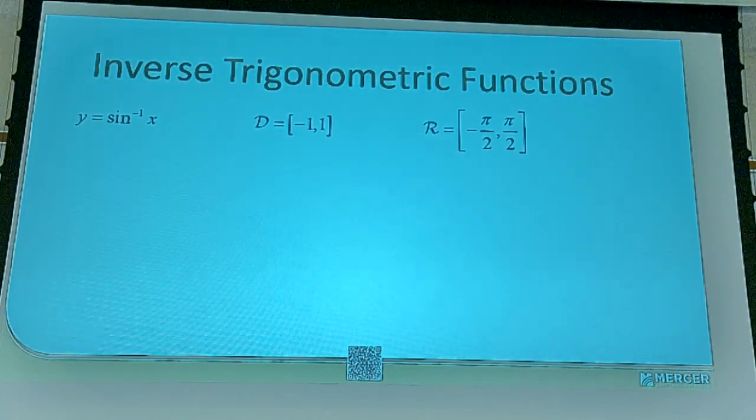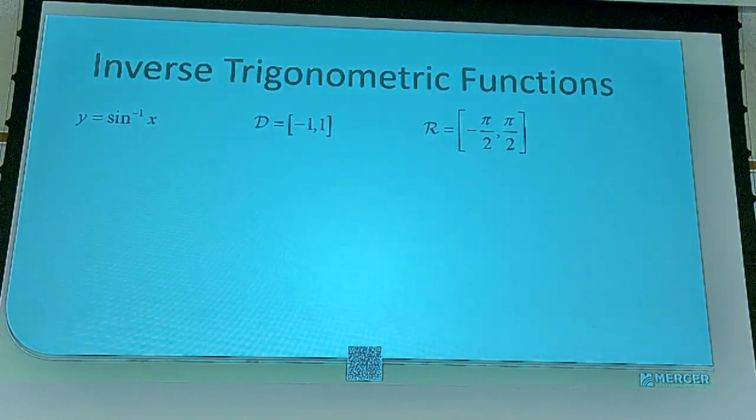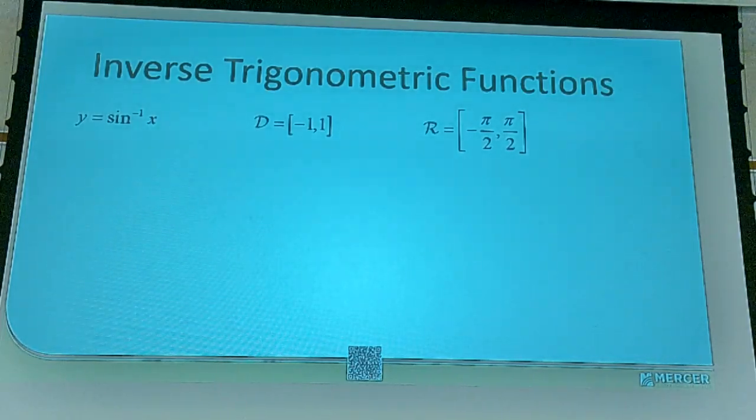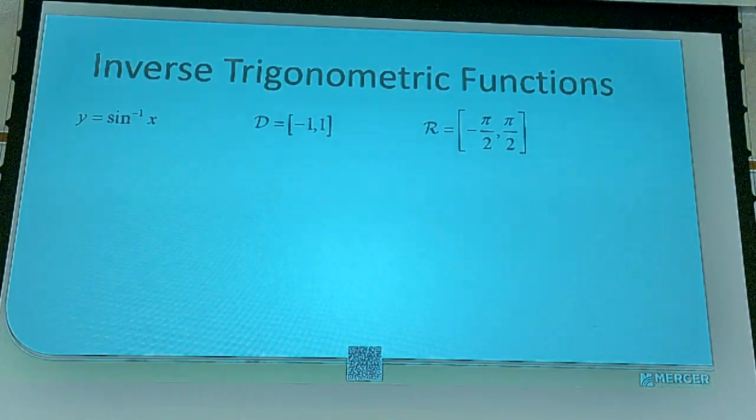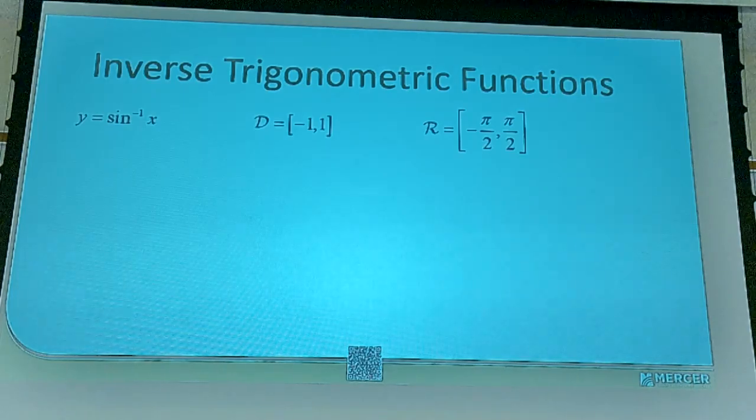And if you think of the unit circle, what part of the unit circle is that? What part of the circle is minus pi over 2 to pi over 2? Because the whole circle would be 0 to 2 pi, right?